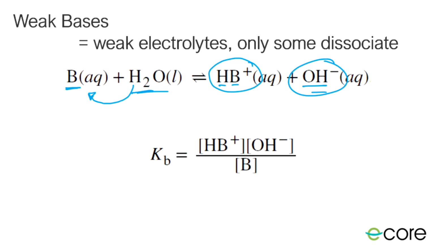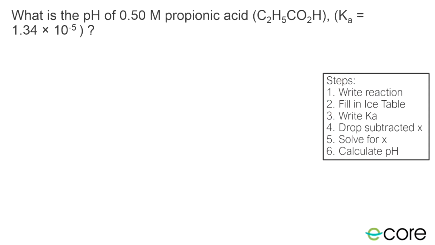Let's do one of those. This one is for propionic acid. It wants to know what is the pH of 0.5 molar propionic acid. And it gives us the Ka, the equilibrium constant. Well, the very first step here is we want to write the reaction of that acid with water. So I'm just going to copy down the acid, and I'm going to react it with water.